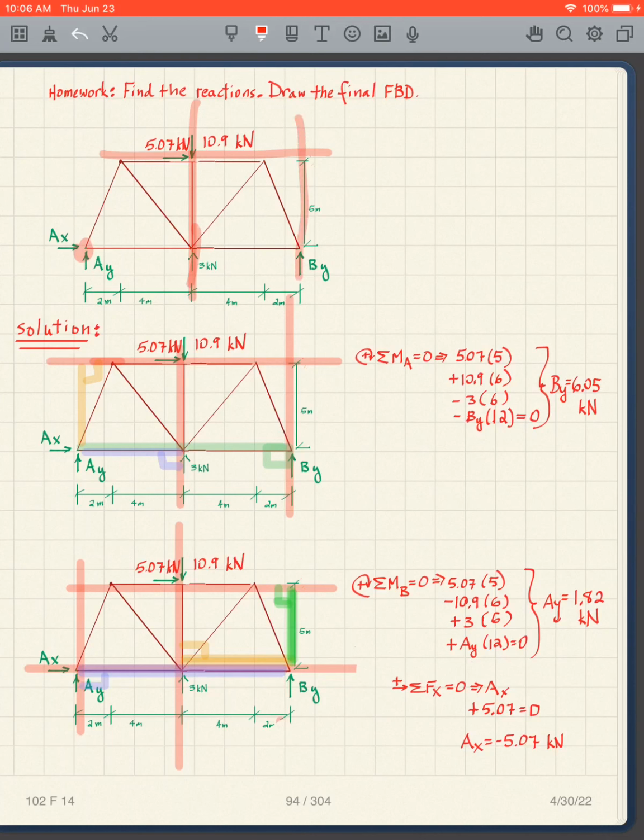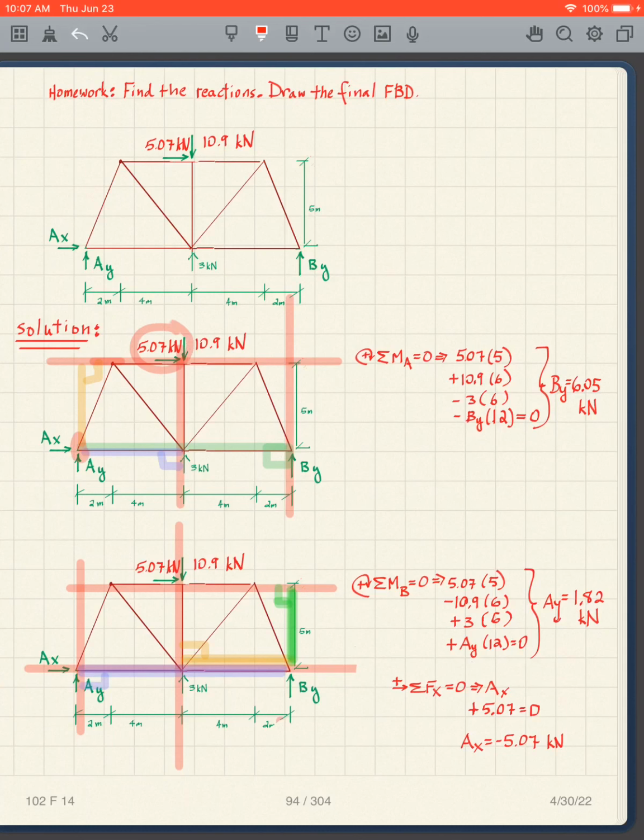So we take moments about these points, and then we need to get the moment arms, and we need to take the forces times the moment arms and get the correct sign.